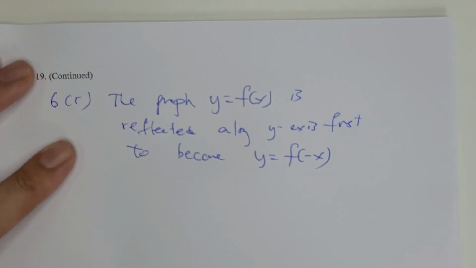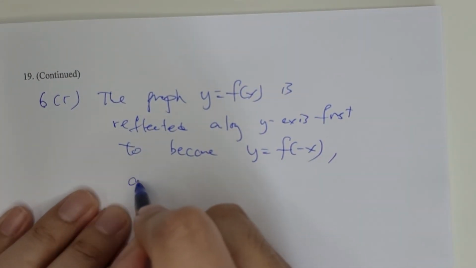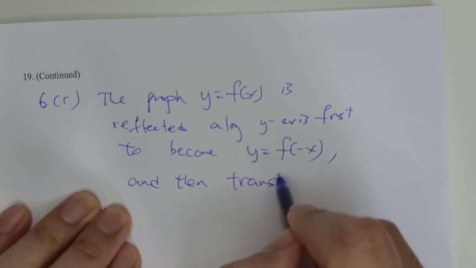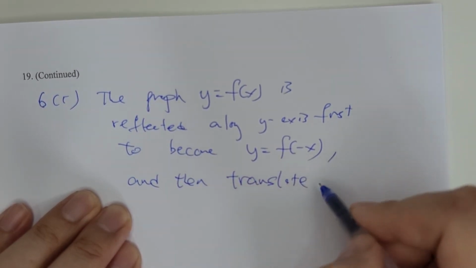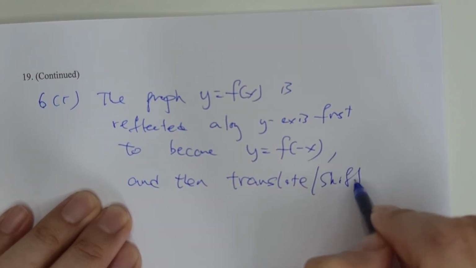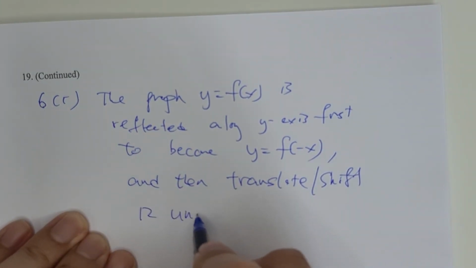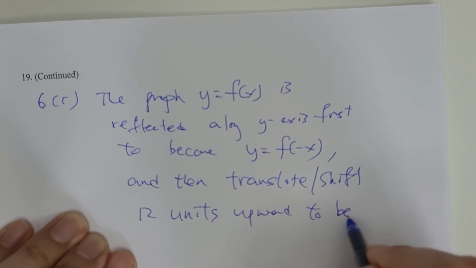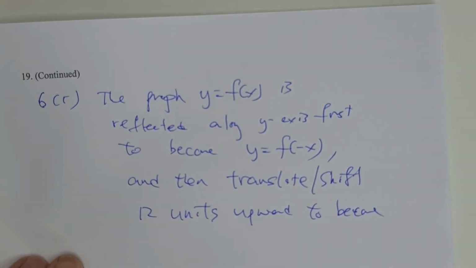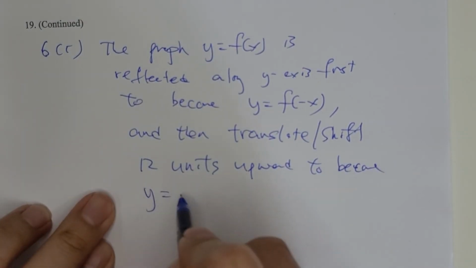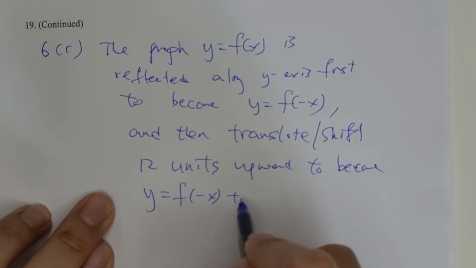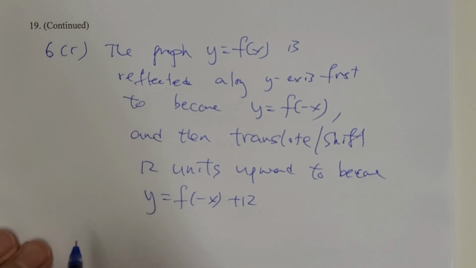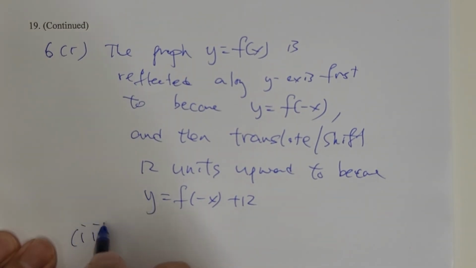That's the first transformation, and then translate, or you can use shift, 12 units upward to become y equals f(negative x) plus 12.